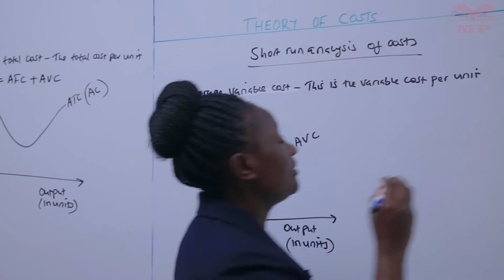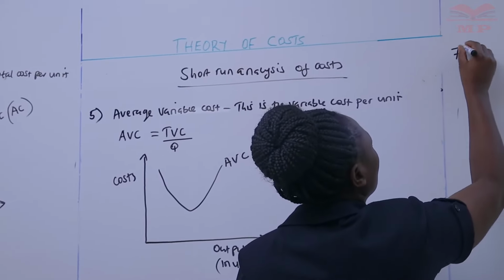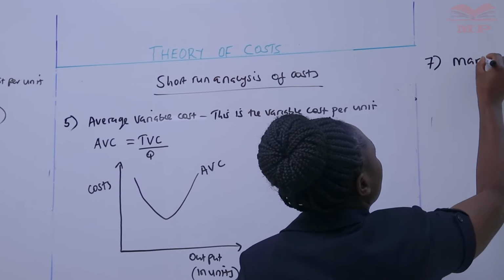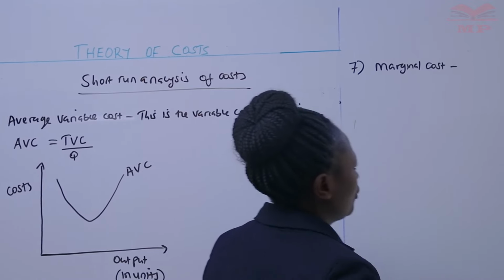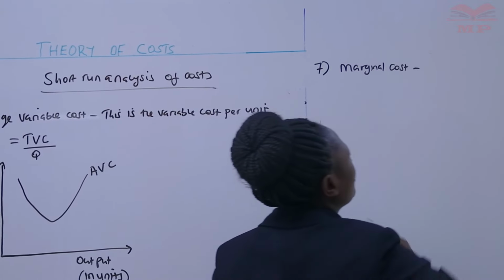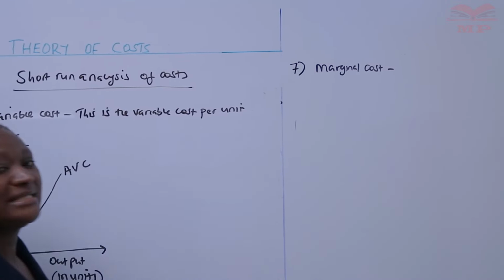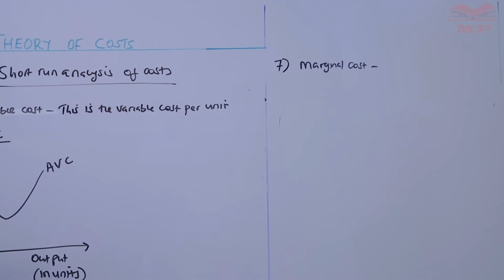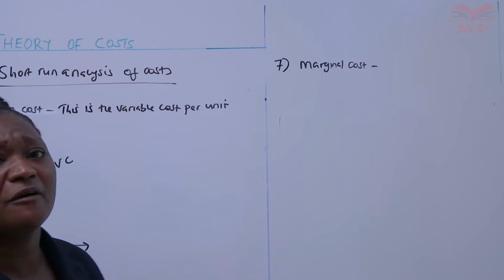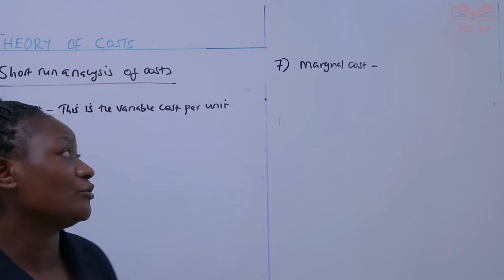Our next cost will be marginal cost. A marginal cost is an additional cost that arises, a cost that increases the total cost just because of an extra unit that is produced.